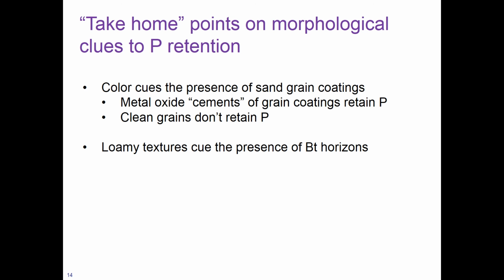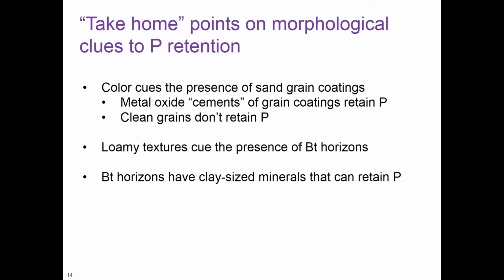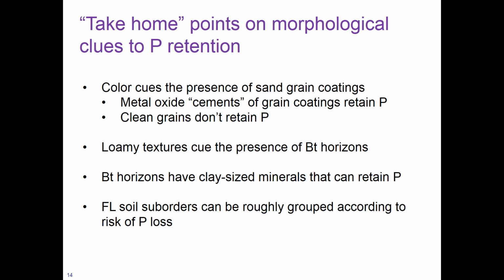Loamy textures cue the presence of Bt horizons, and Bt horizons have clay-sized minerals that can retain P by virtue of the nature of their surfaces and higher surface area. Florida soil suborders can be roughly grouped according to the risk of P loss.